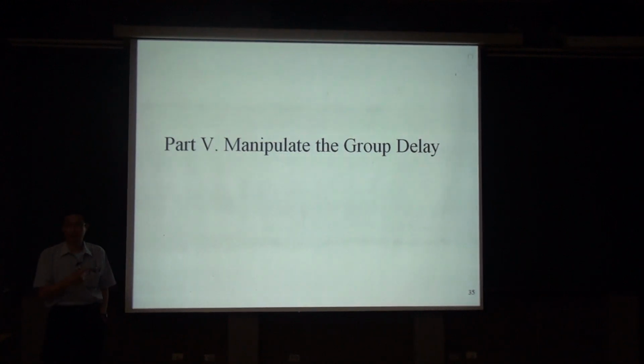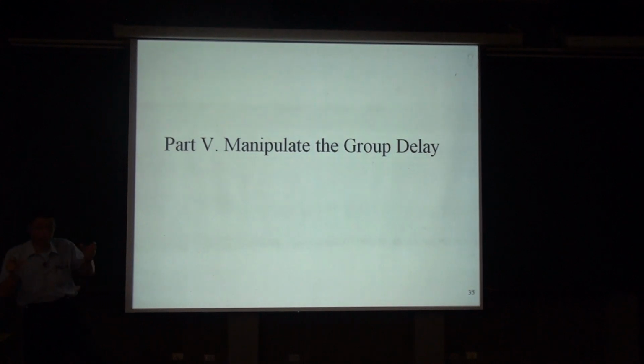Oh, I see. But they should maintain the same shape, the shape should not distort. The shape will be the same, but only a small fraction will be faster than light.